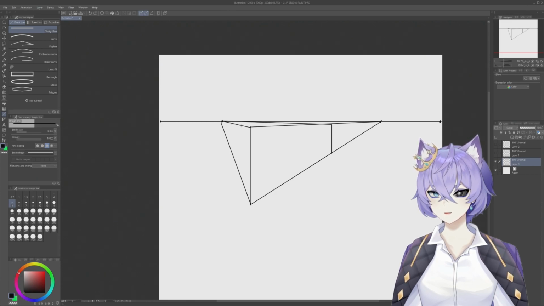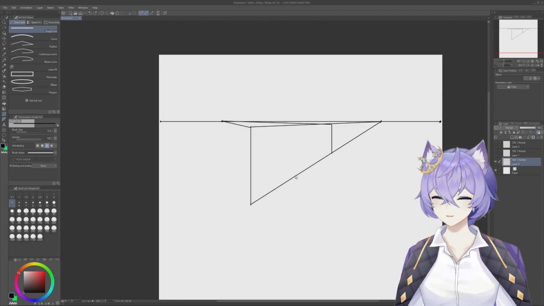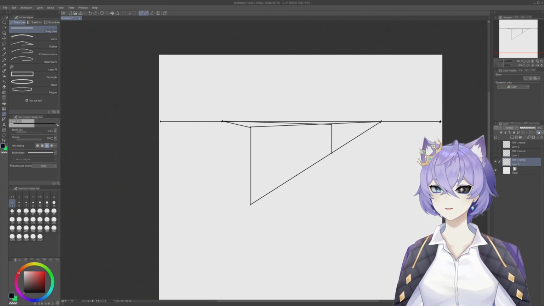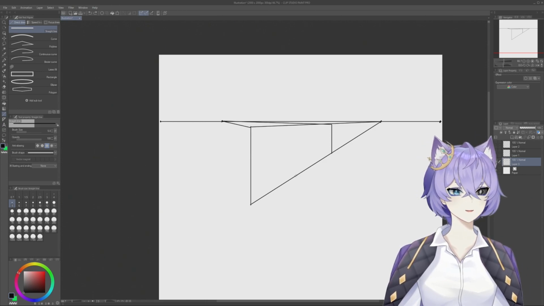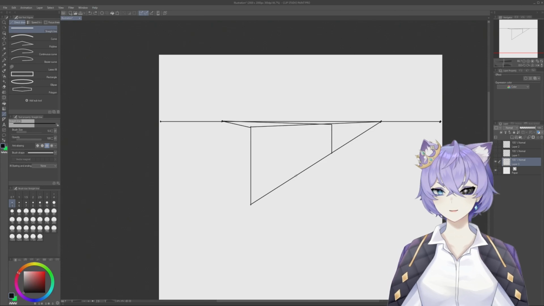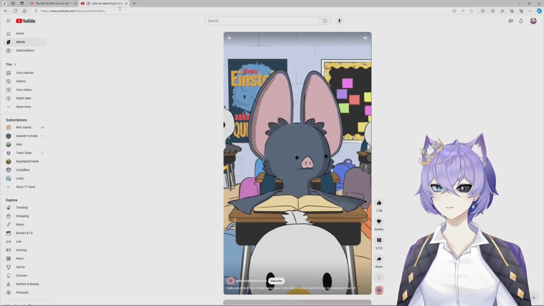Almost like this, which gives us our weird rectangle. So there must be a better way to handle this. Essentially what I want to make. So see if anybody else can figure this out.